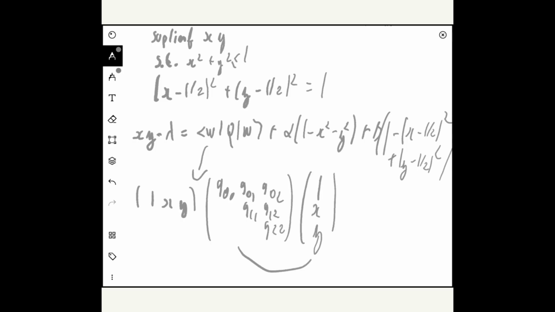So we begin by doing this multiplication here, and I wrote it here so we can see it after: just q0 plus q01x plus q02y, plus q11 plus q12x, plus, and so q01 is here too, so we can directly write plus 2 q01x, and so we'll have 2x.